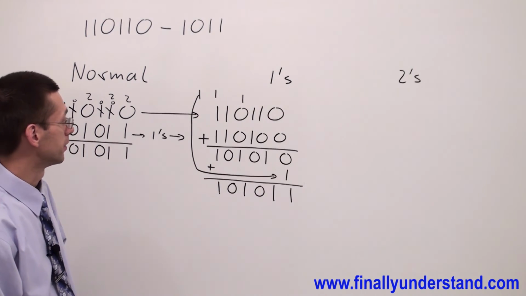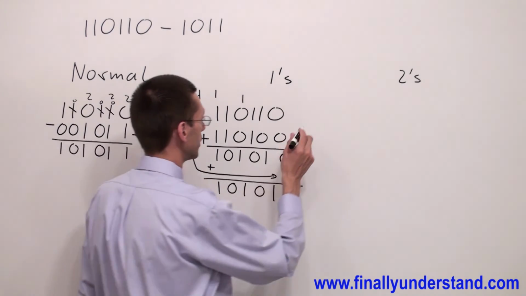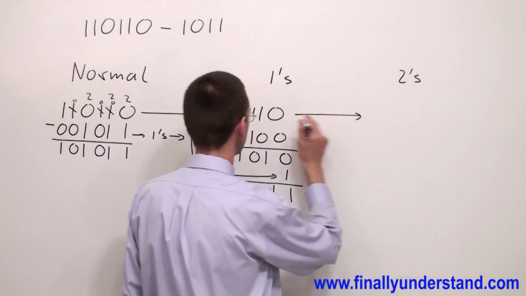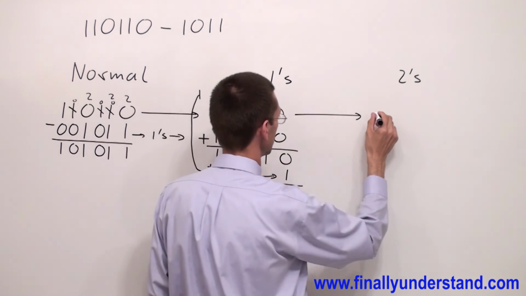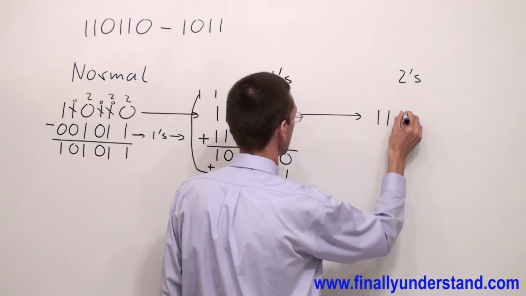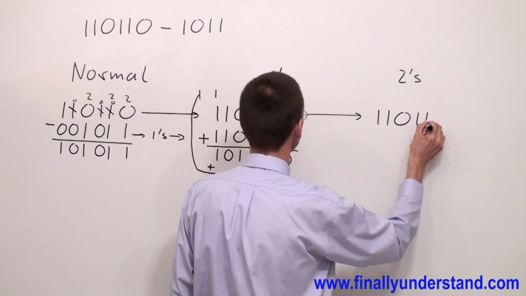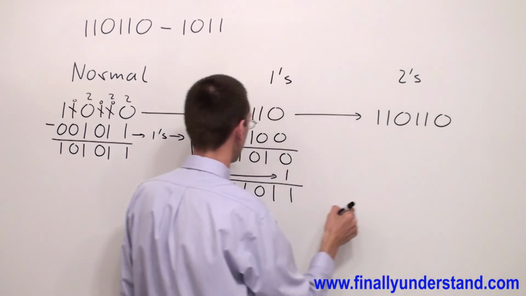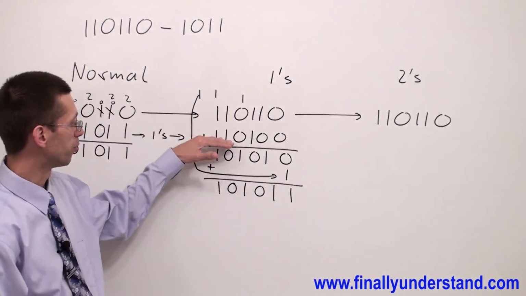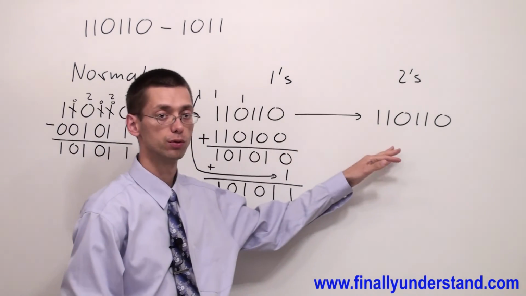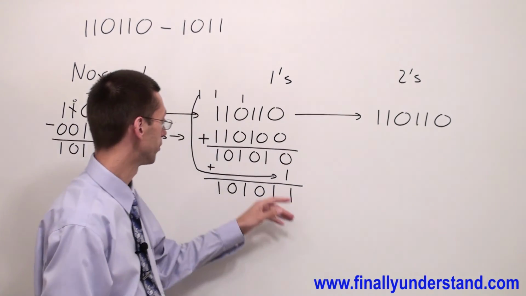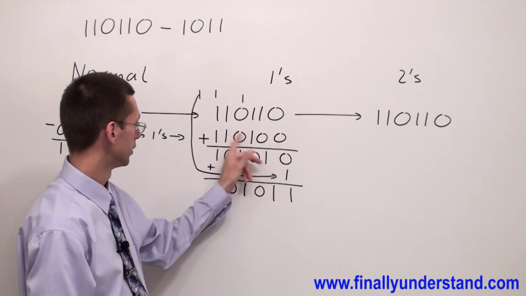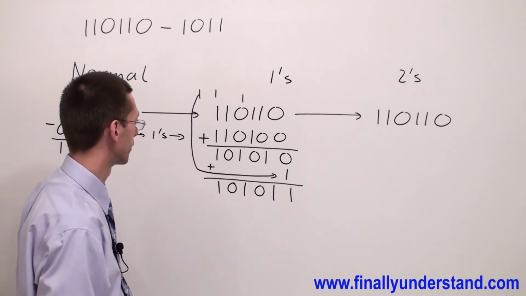Let's take a look at the 2's complements. Again, we're supposed to copy down the top number, which is 1, 1, 0, 1, 1, 0. And the 1's complement, we're supposed to change to 2's complement by adding 1 to the second number.